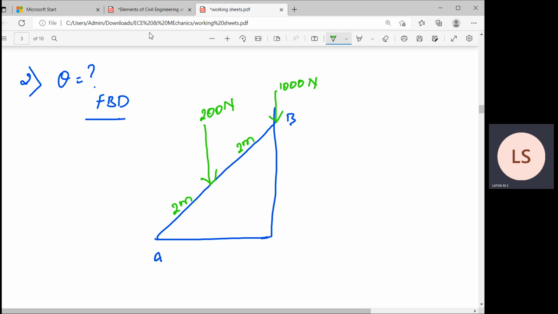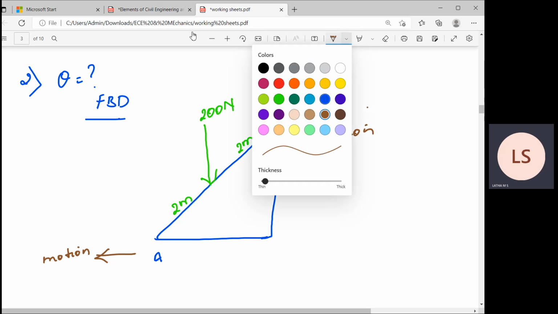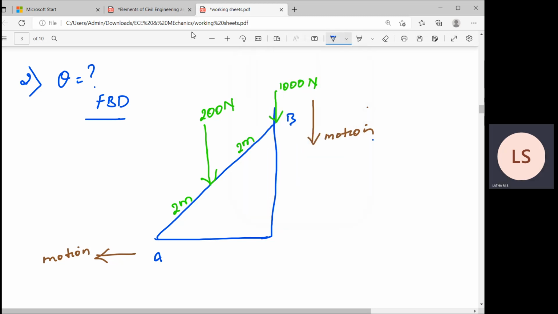If the ladder slips, you have to remember that the ladder will slip down the wall in this direction, and at the ground level the ladder will move to the left side. Keeping that in mind, we have to draw the friction direction, which will be opposite.